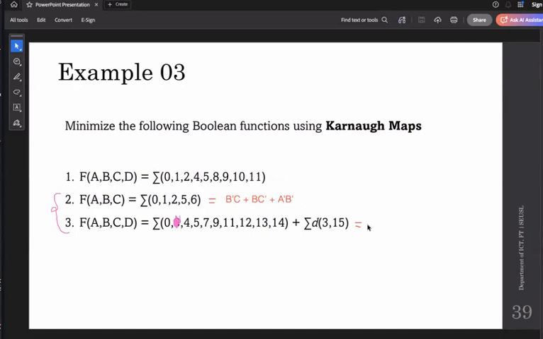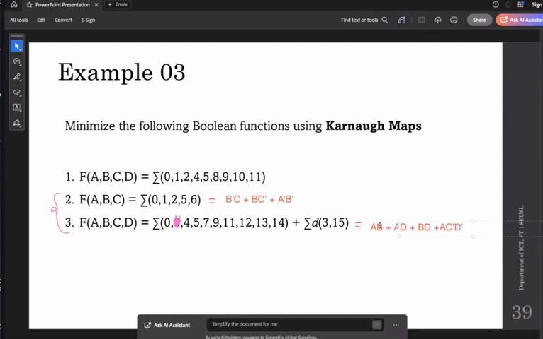So for this one, that one is AB, plus AD, plus BD, plus A bar C bar D bar.